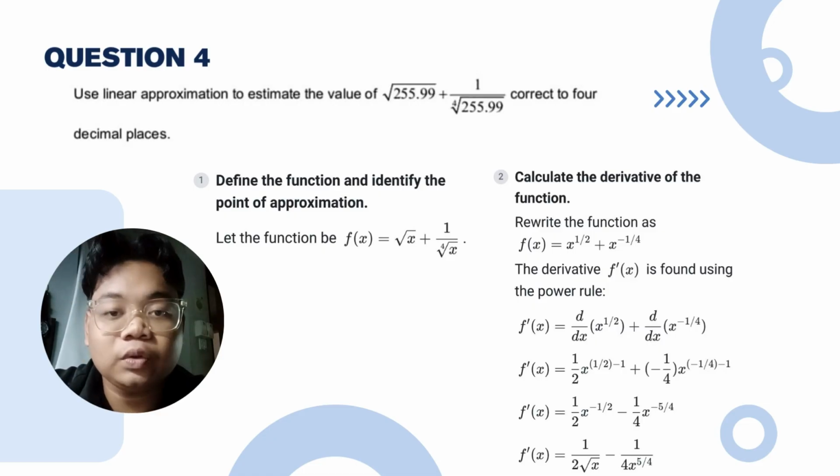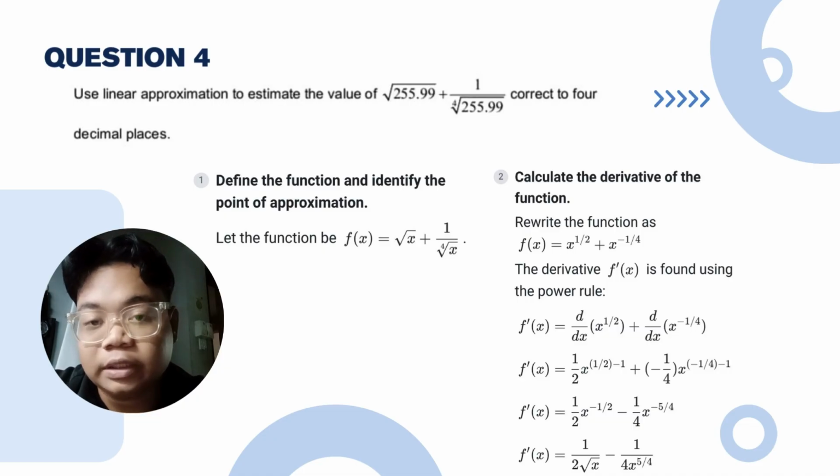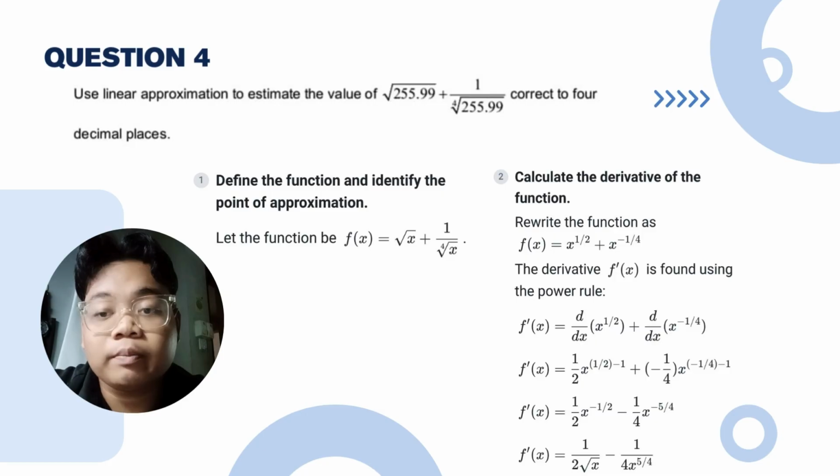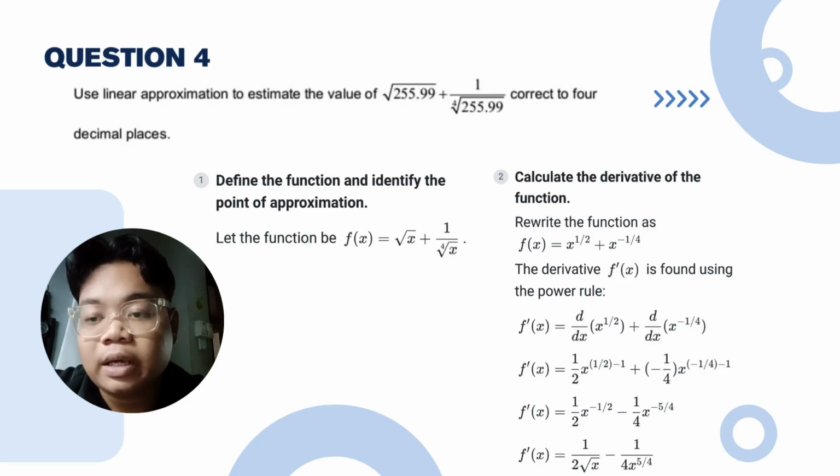For step 2, we are going to calculate the derivative of the function, where we rewrite the function as f(s) equals s to the power of 1/2 plus s to the power of negative 1/4.